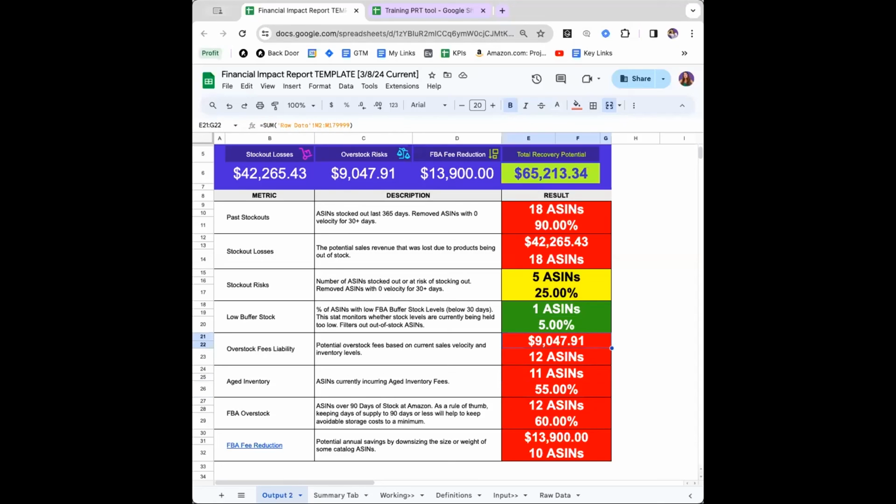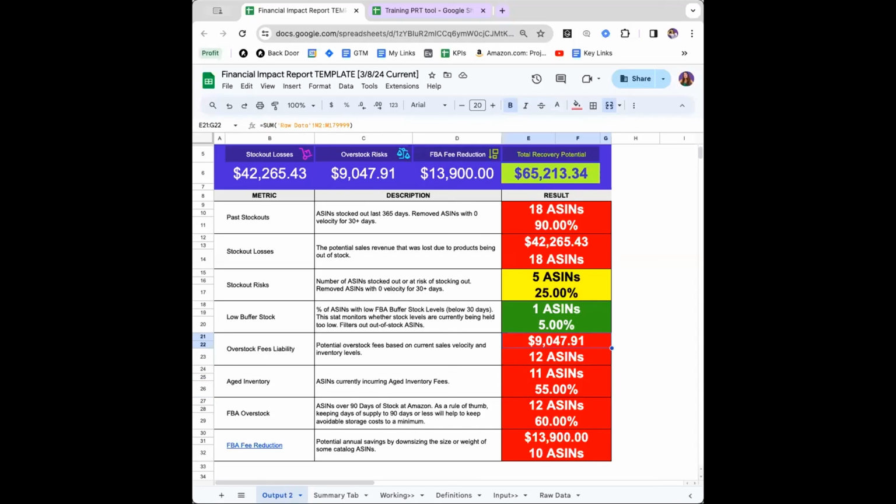And then lastly, is there any liability where you've got excess inventory, inventory that you're not going to sell through within the next, let's say, 6 months, and you're incurring aged inventory fees. This will look at 8 to 12 months in advance and show you a picture of, based on your current forecast, what you're going to pay in overstock fees and aged inventory fees if you don't change anything.